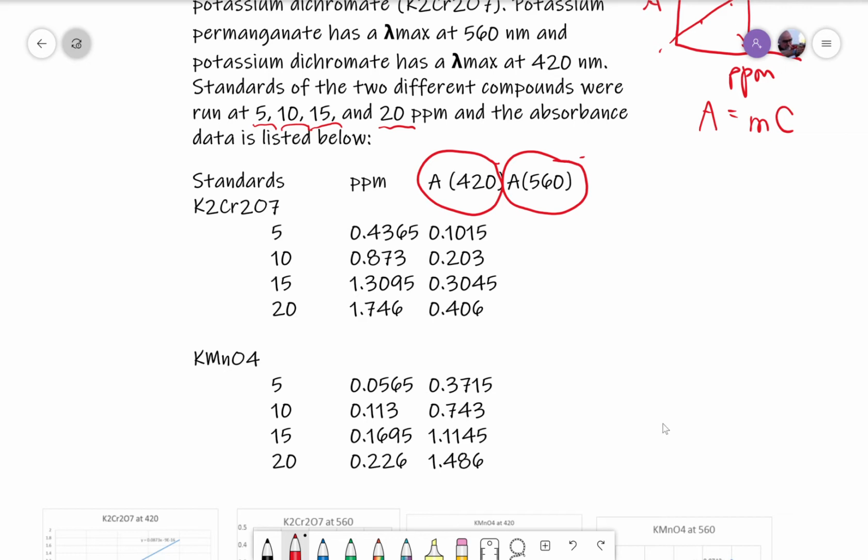This means that we have that standard data, the concentrations of the standards of the potassium dichromate, and the absorbances at two different wavelengths. And the same thing for the potassium permanganate.